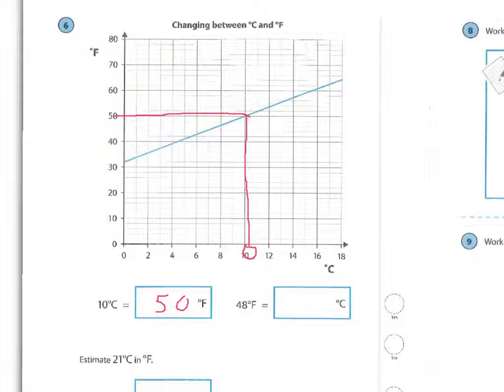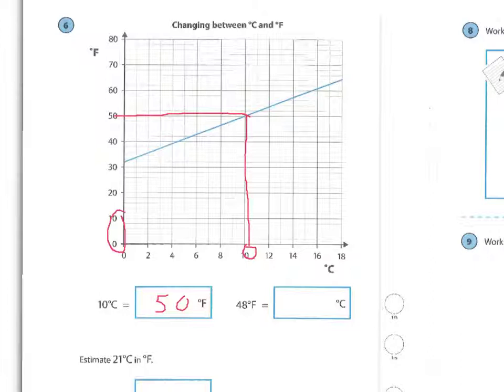Now the second part is, what is 48 degrees F in degrees C? Well, the degrees F axis is the vertical axis. And if you take a little look at the bottom part of the axis, when you're checking out the scale, you will see that there are 5 little squares between 0 and 10. That means that every little square is worth 2.